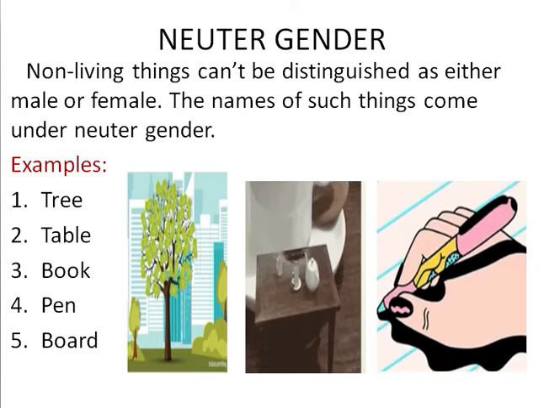If I talk about a pen, can you classify whether it is male or female? No, you cannot. So the things which you cannot classify as male or female are termed as neuter gender. And mostly they include the non-living things.